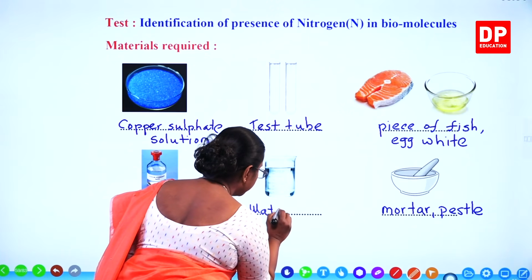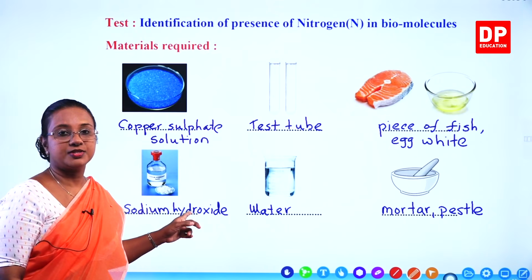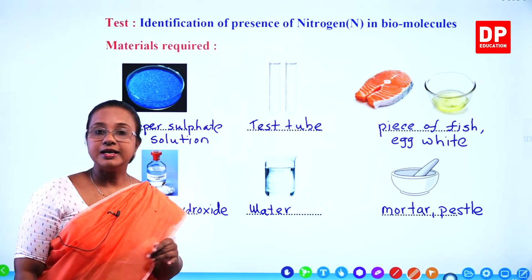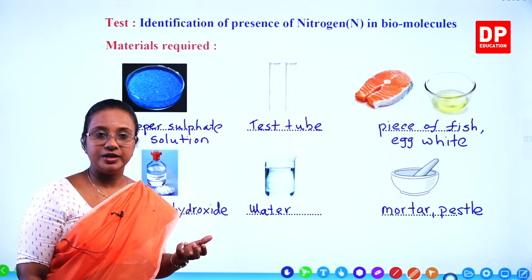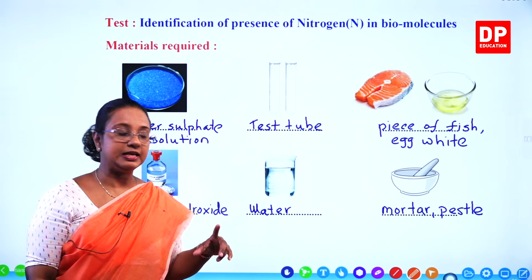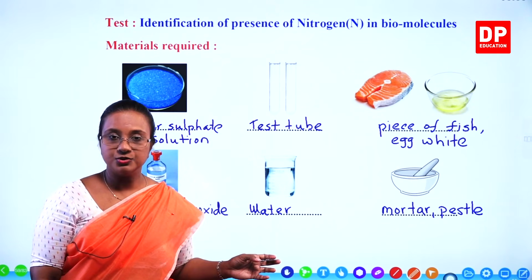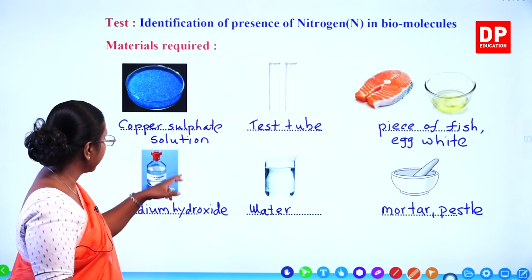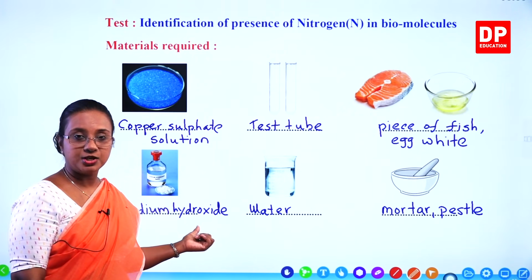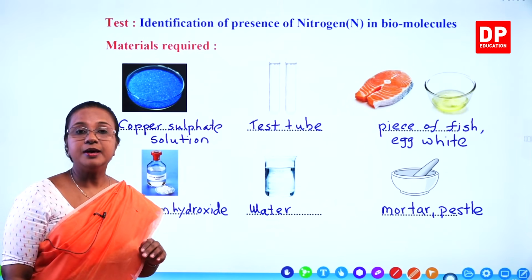And also to dissolve the copper sulfate and sodium hydroxide. So as you know, in the lab, we have the normal hydrated copper sulfate that is blue in color. We take a small amount of copper sulfate into a beaker, add water, and we can dissolve it into a solution. The same way, we can either have the sodium hydroxide solution in the lab, then we can use that. Otherwise, you can see the sodium hydroxide pellets.